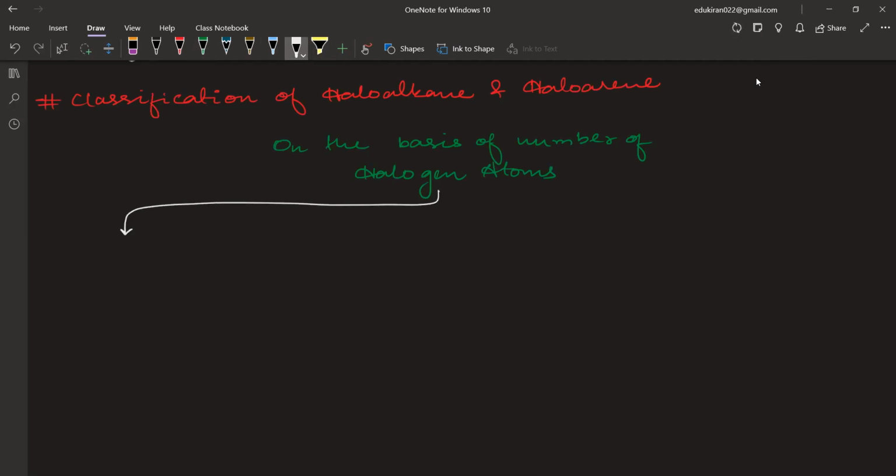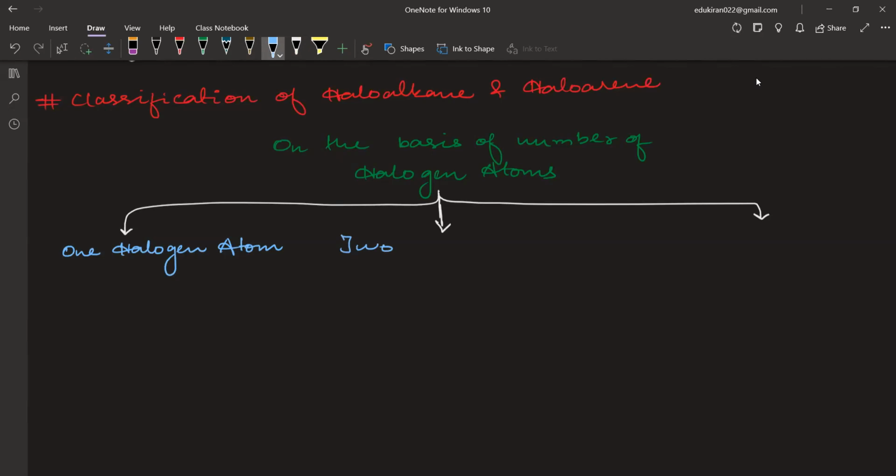When you have only one halogen atom. You have two halogen atoms.